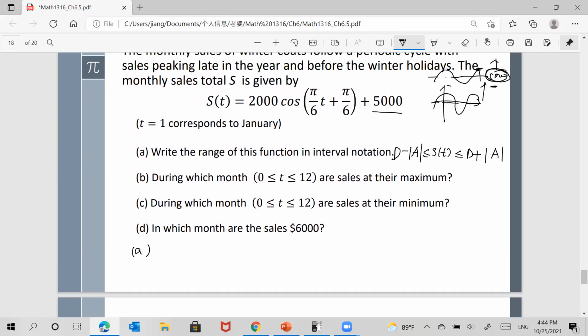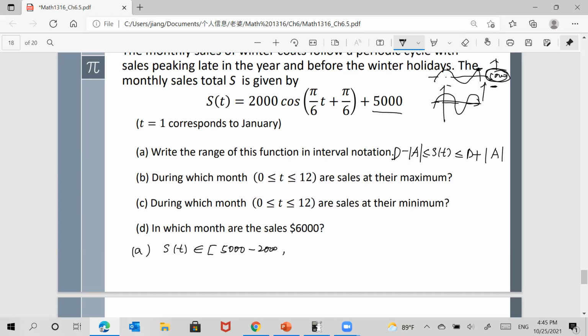Okay, number A. So plug in the A and D values. So for S of T, the range is between D, which is 5,000, minus the absolute value of 2,000, that's 2,000.